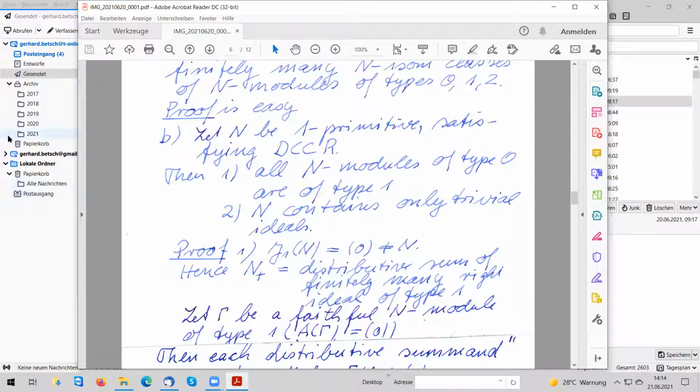Now let Γ be a faithful N-module of type 1.